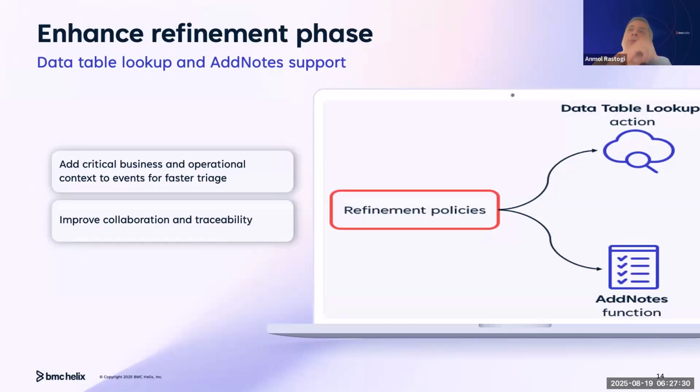Also, in scenarios where customers wanted to add some nodes to the events before they go to the blackout, and then not take any action or take certain action, I can add that node to the event before it goes to the blackout.